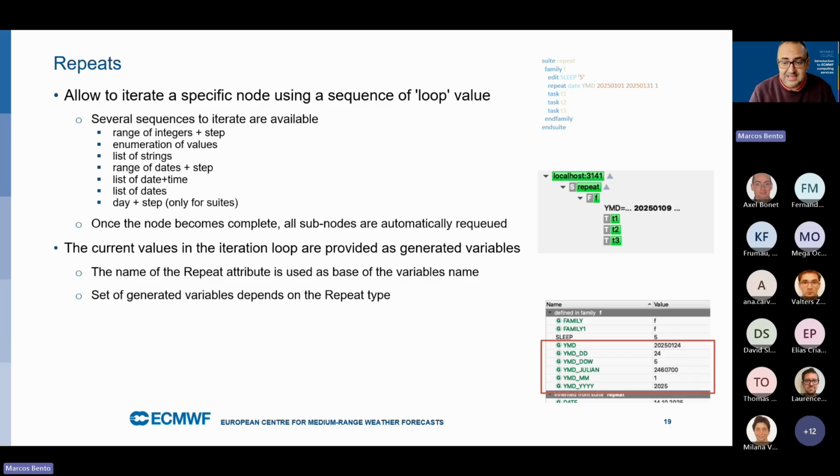It would be up to the task in that case to actually generate different outputs. For example, if it always generates the output A, by the time you get to the end, you only have one output, which is A, for the last iteration. Right? So it's up to the task to make sure that the outputs are not overridden.